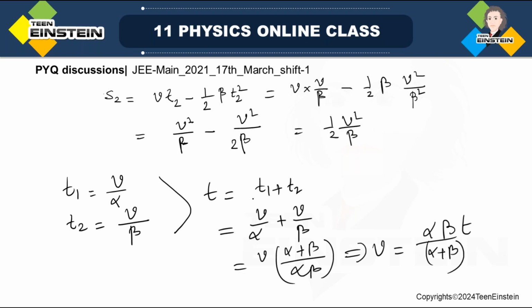Now I have to put this value here in s2. s2 is 1 by 2 beta into v square. v square means alpha square beta square by alpha plus beta whole square into t square. Okay, this is what I have here.